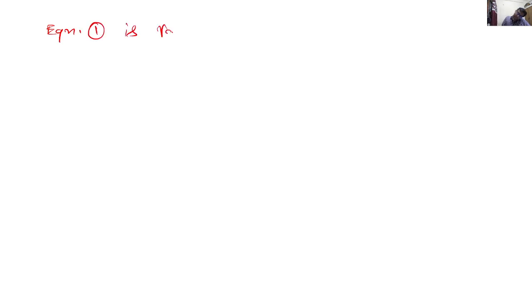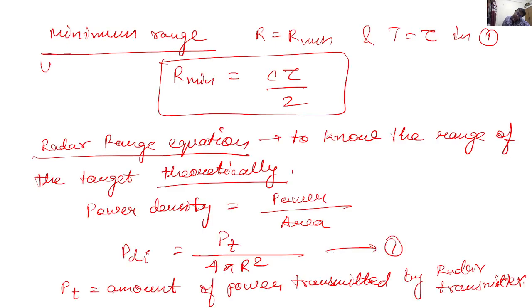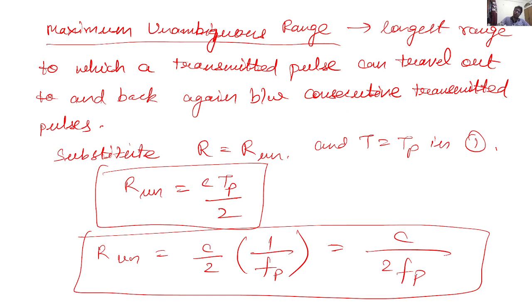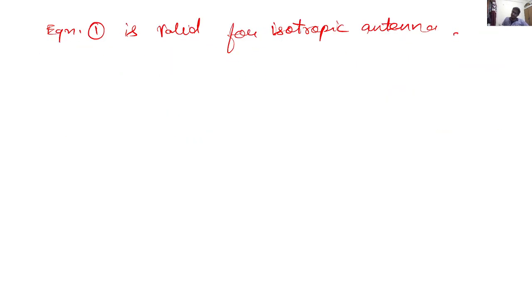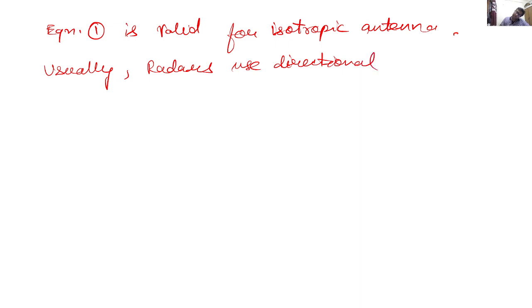Usually radars use directional antennas.